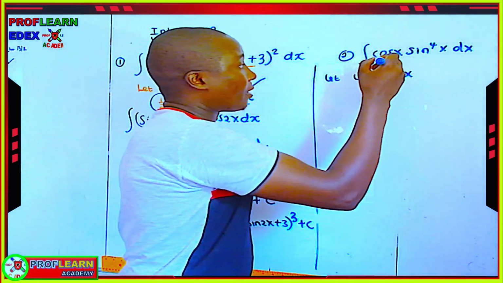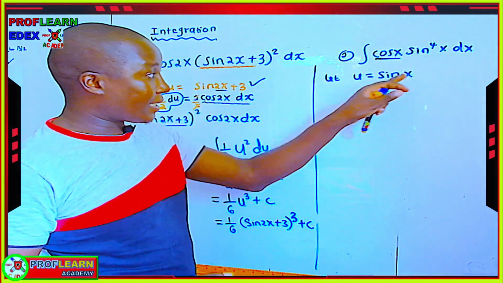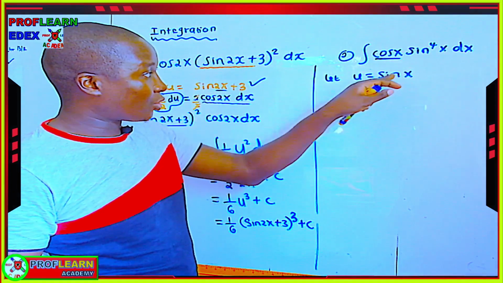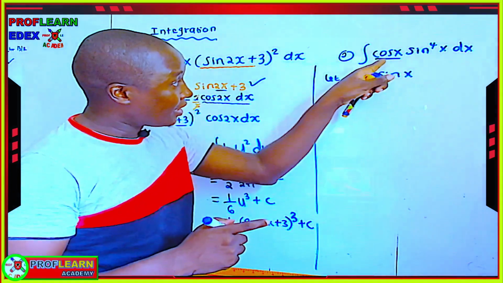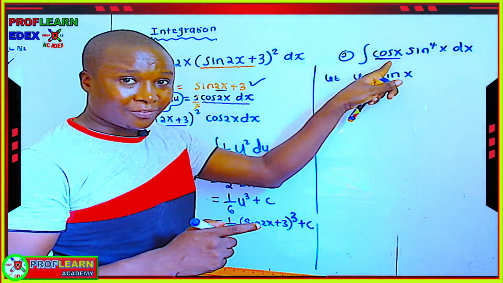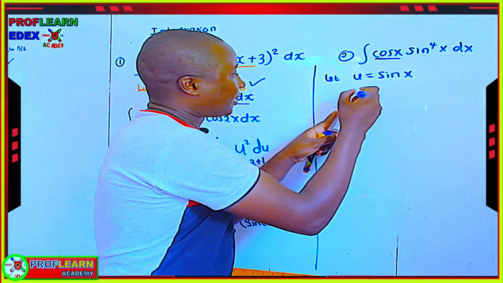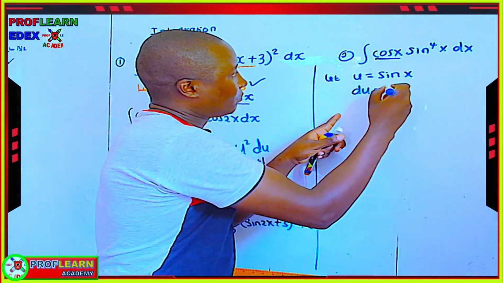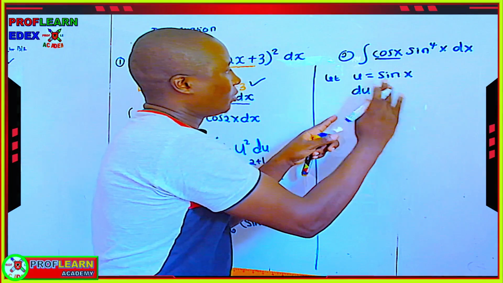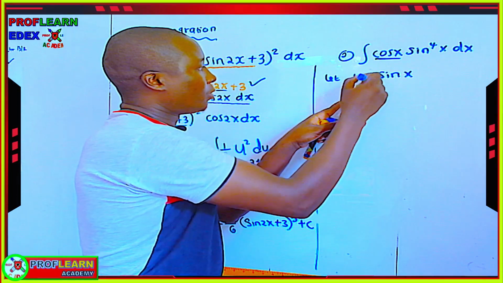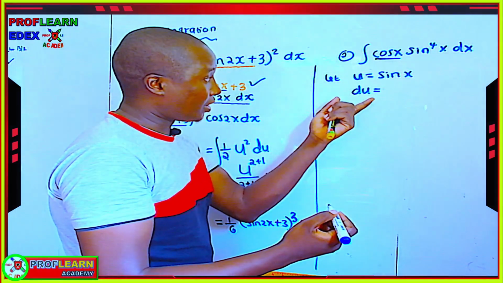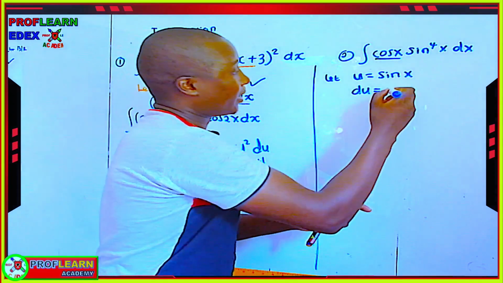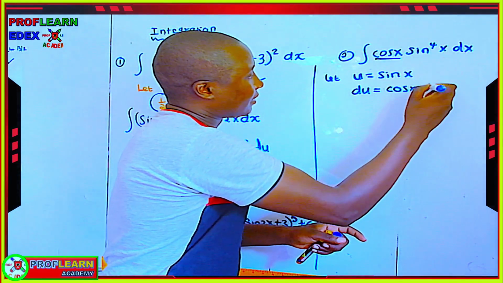So that's the objective. I let u to be sine x, so that if I differentiate it, it's going to give me this cos that we have here. Then let's differentiate. du, differentiating u because it's a function of x, it becomes du. Differentiating sine x, you get cos x dx.